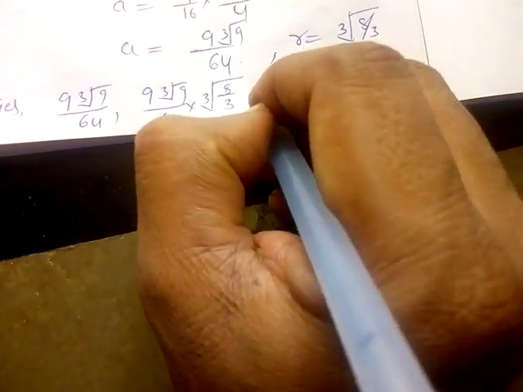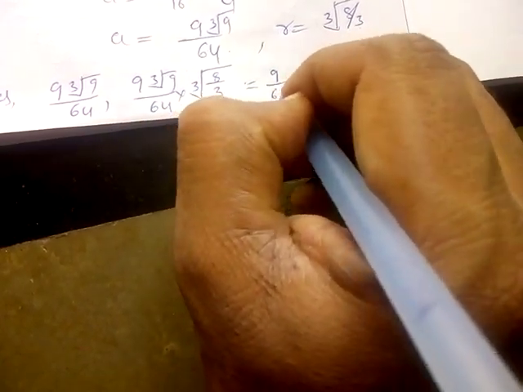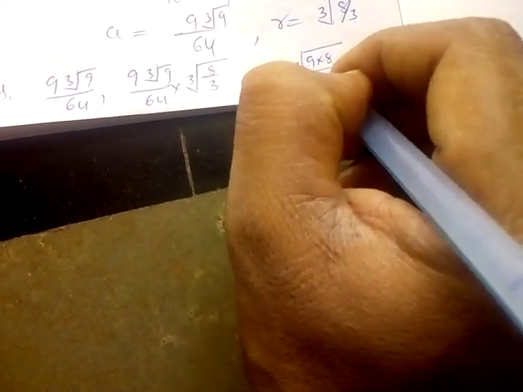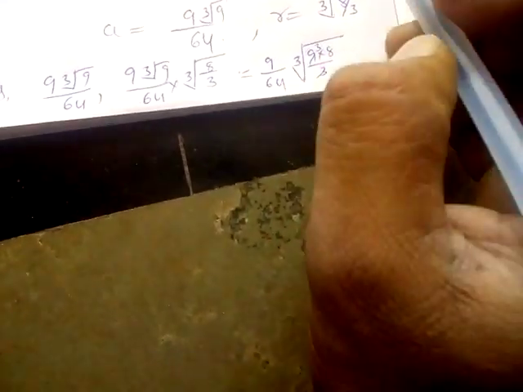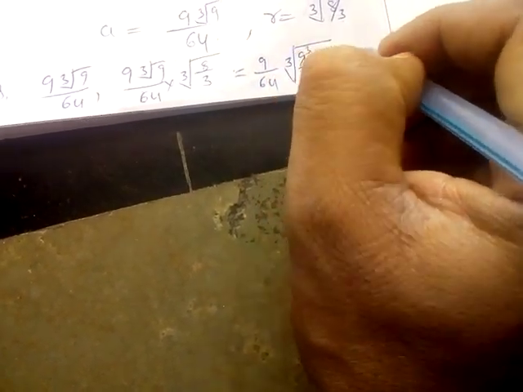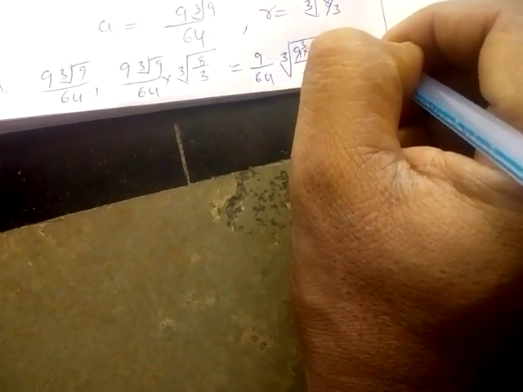So this value, how much here? 9 by 64 cube root of 9 into 8 by 3. 3 3s cancel. So 9 by 64 cube root of 24.